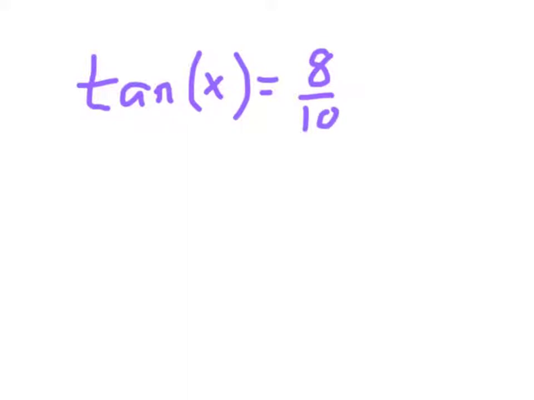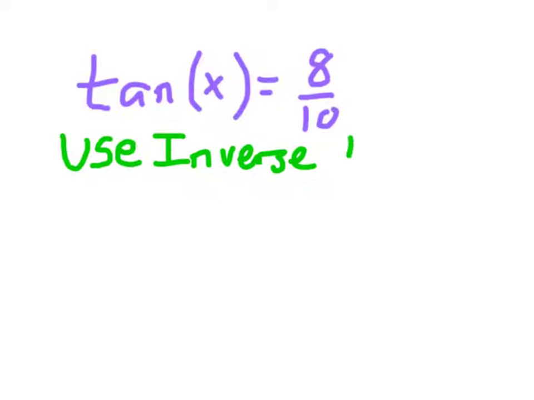Now here, all of a sudden, things look a little bit different because the variable is right here, which is kind of weird. So this is the case when you must use inverse trig.